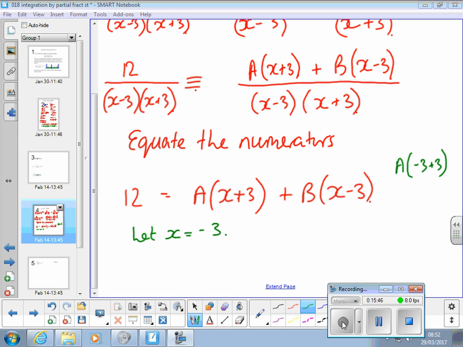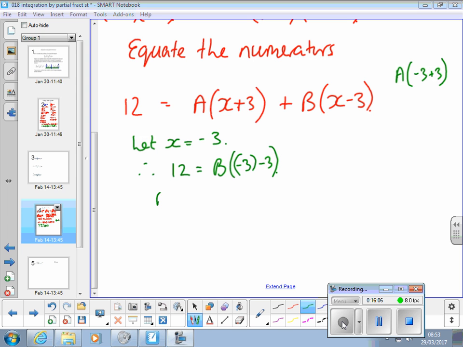So this term disappears. We can then say 12 in that case is equal to B times minus 3 minus 3, or B is equal to 12 over minus 6, which equals minus 2.